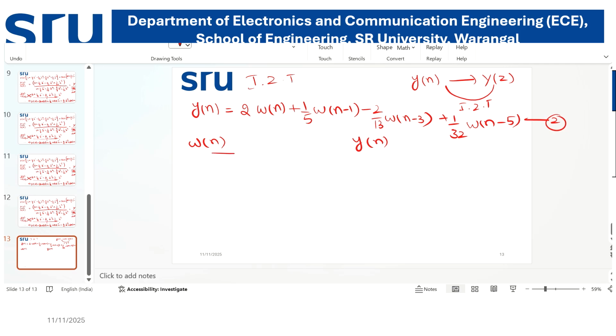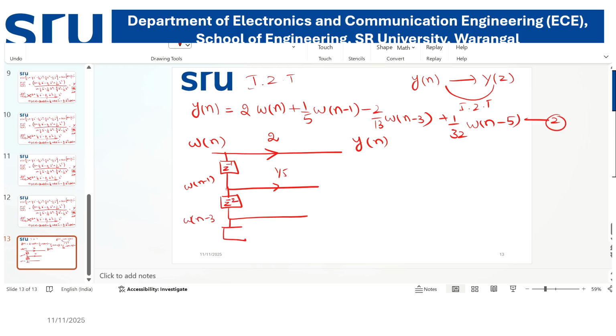Now the coefficient for w(n) is 2. Then first it is delayed by one sample to get w(n-1), and the coefficient is 1 by 5. And second, it is delayed by 2 number of samples. So directly I am writing here z^-2 to generate w(n-3).